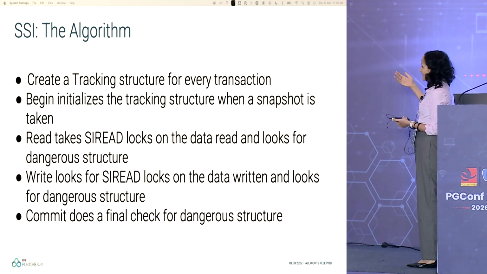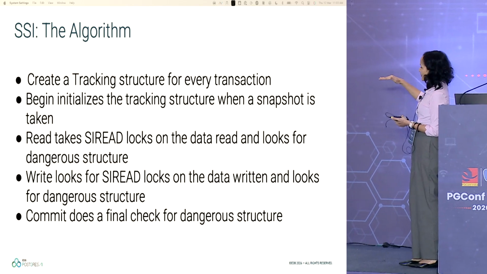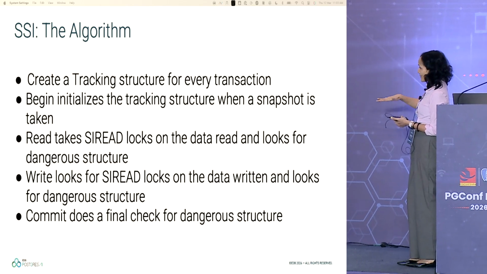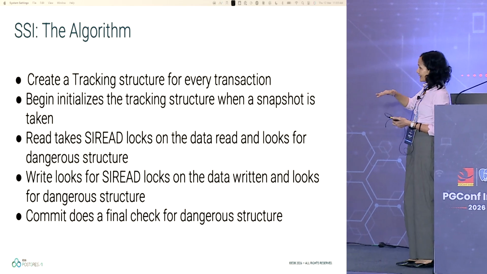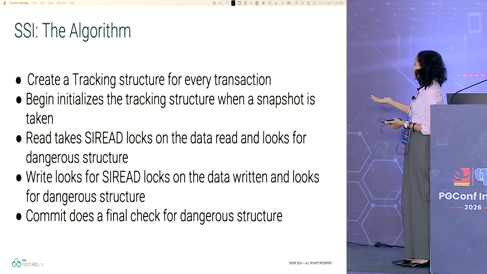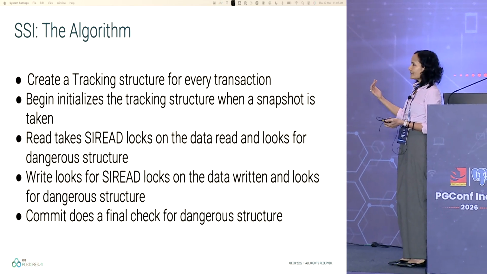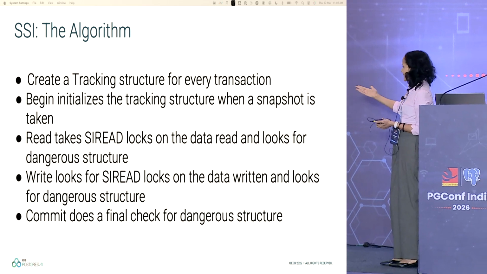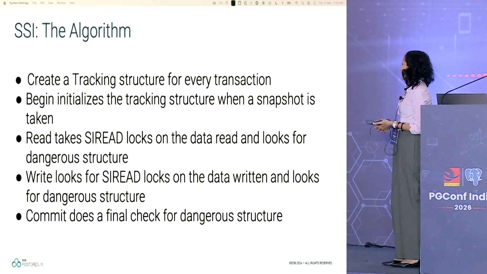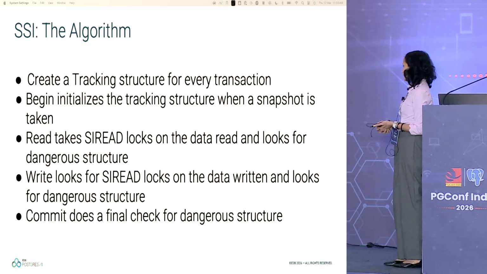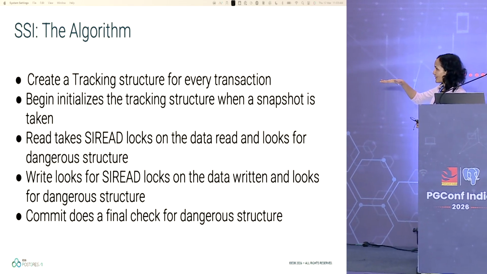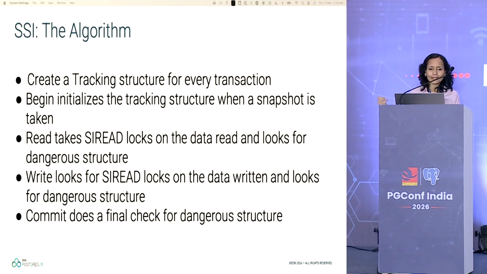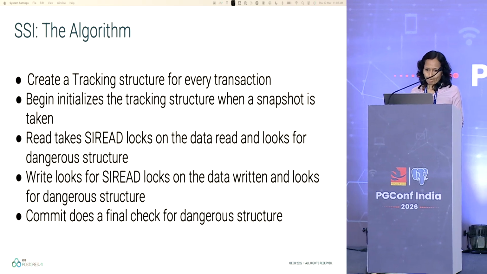Every read that the transaction does takes SI read locks on the data read and looks for a dangerous structure. Every write checks, are there SI read locks on the data I'm writing, and looks for a dangerous structure. We will see more visually how this happens. And commit does a final check for the dangerous structure. So these are the points at which we check for the dangerous structure, and we abort a transaction when we see it.